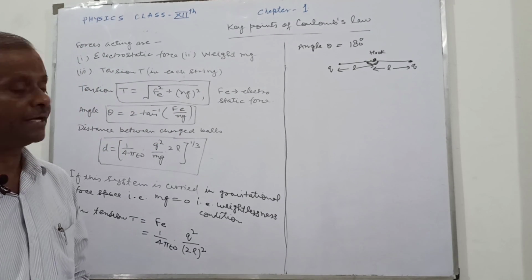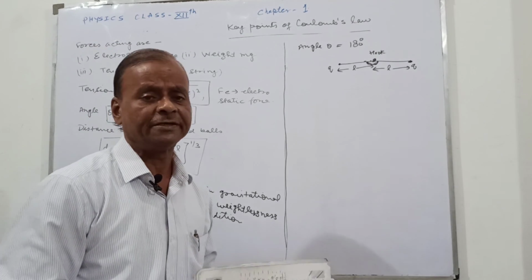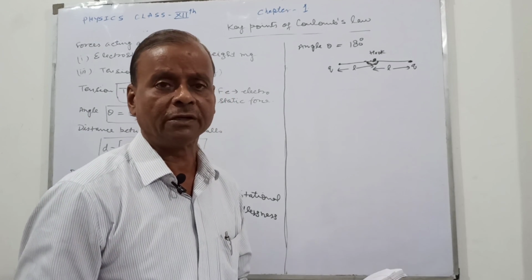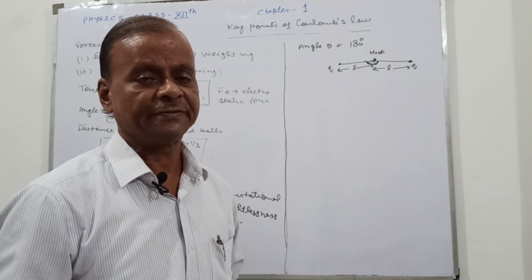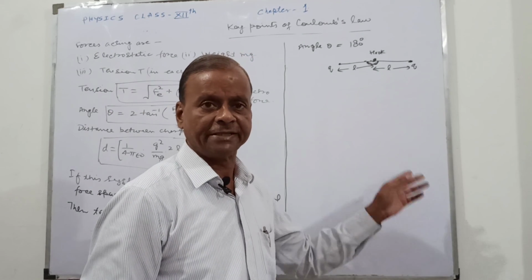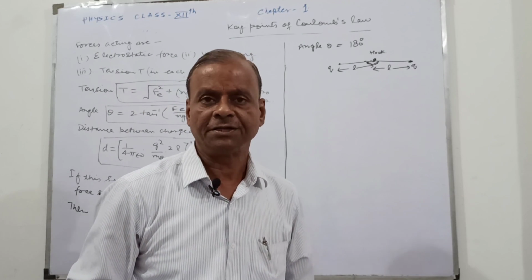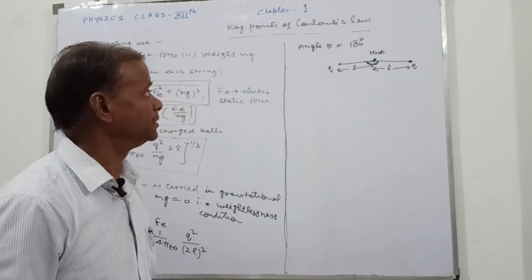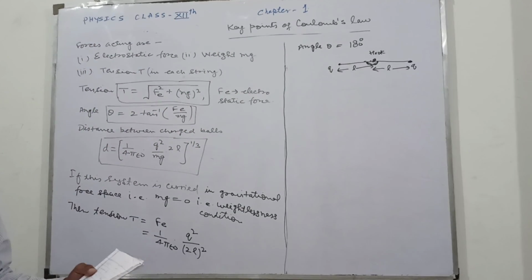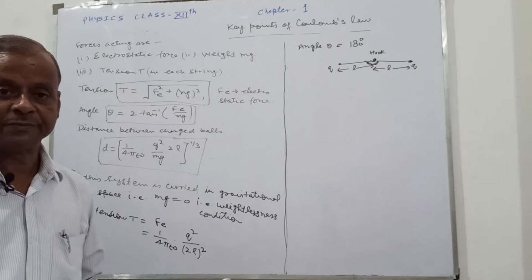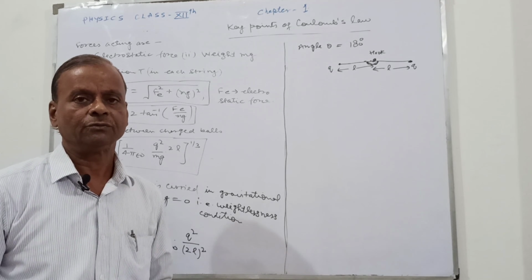If this system is carried into free space, even if the charges are not equal, then this theta will be 180 degrees. So this is what the key points of Coulomb's law are. Thank you very much.